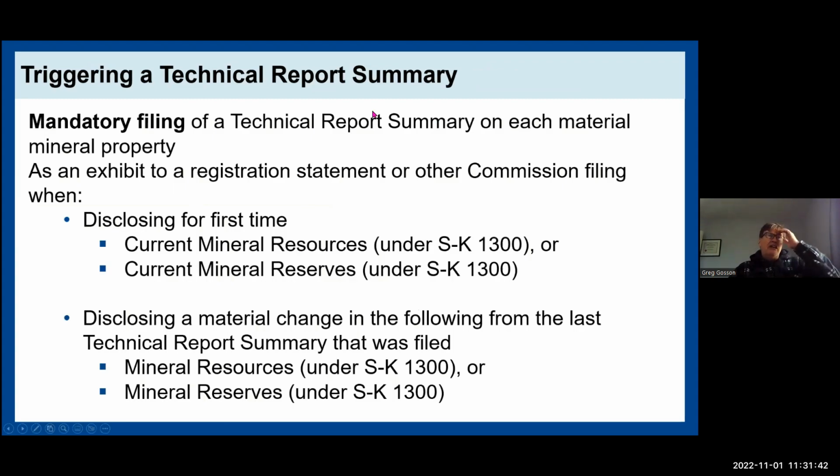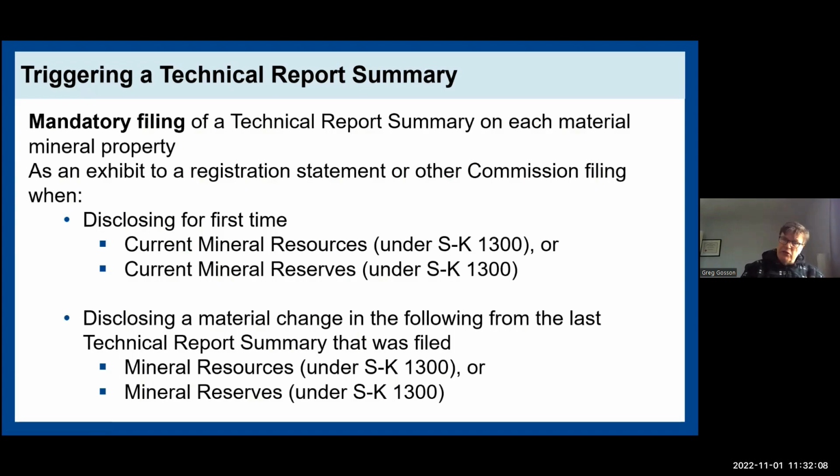So at times now under the new SK-1300 rule, you will trigger tech report summaries because you will have a material mining property, and then you'll have to prepare your technical report summary as an exhibit. But it's also only for properties that have first-time disclosure of current mineral resources or reserves under the new SK-1300 rule.